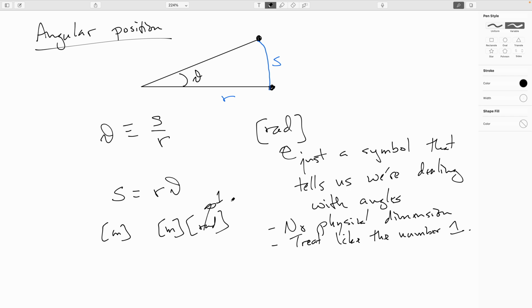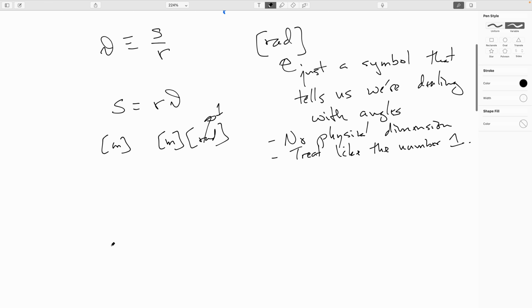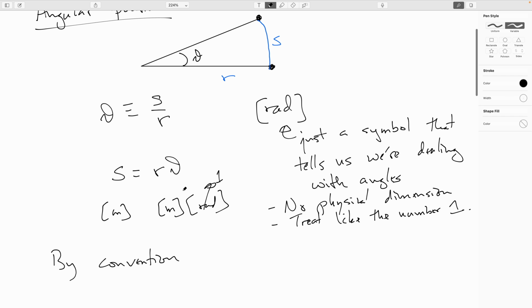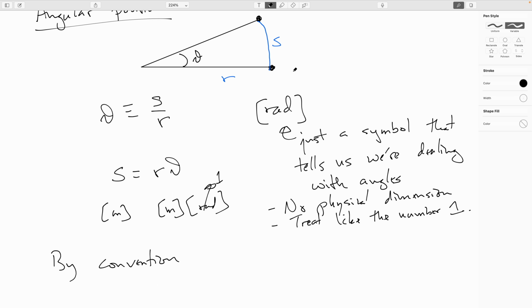A couple of other things that we need to keep track of. By convention, if we go counterclockwise off of our reference line, so this is my reference line, then that is a positive angle. If we go clockwise off of that, that is a negative angle.